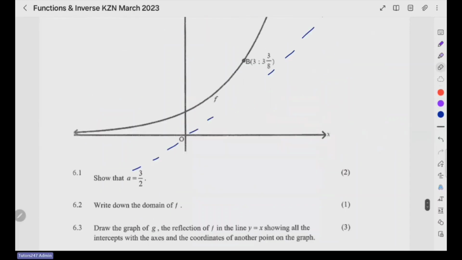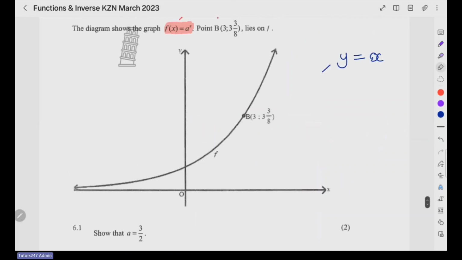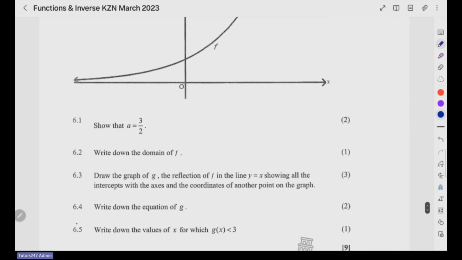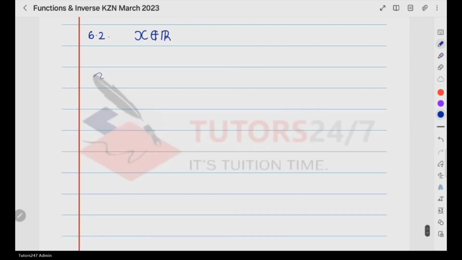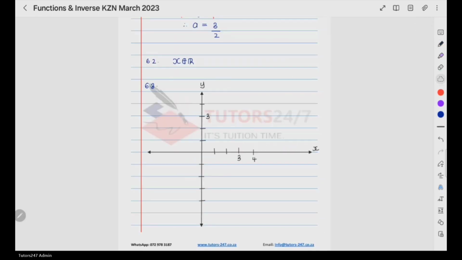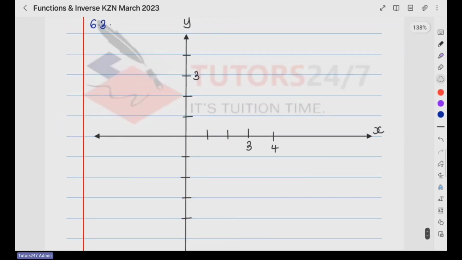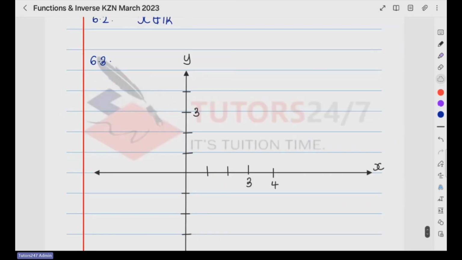So step number 1, we are going to draw our x and y axis. And this is question 6.3. Now that we've drawn our x and y axis, let us start by making a note of our asymptote. We know that the function has an asymptote at x is equal to 0.